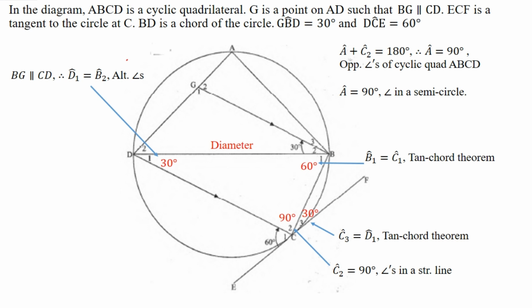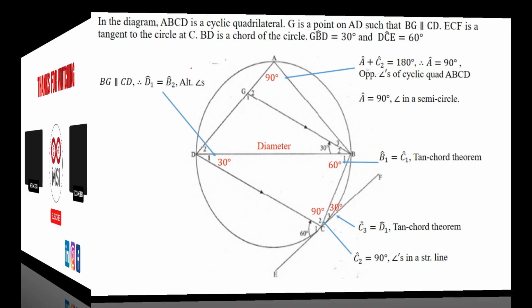Alternatively, since you already know that BD is a diameter, you can simply say that the magnitude of angle A is equal to 90 degrees because it is the angle in a semicircle. The reason: angle in a semicircle, or else you will say angle A plus angle C2 are equal to 180 degrees.